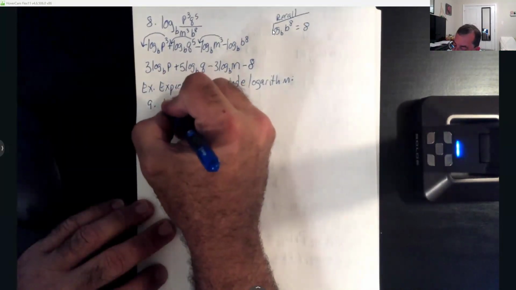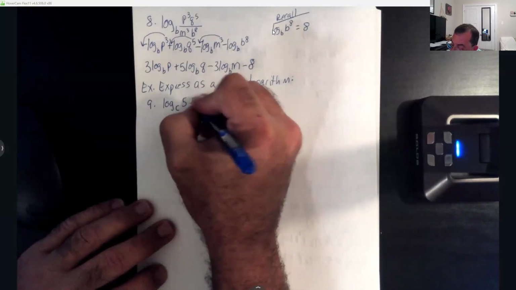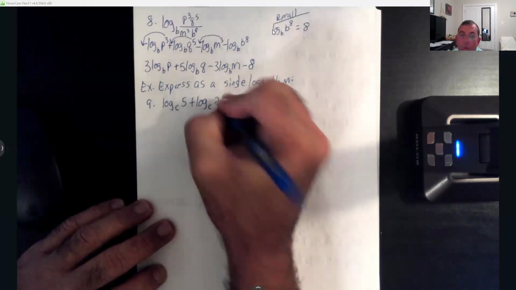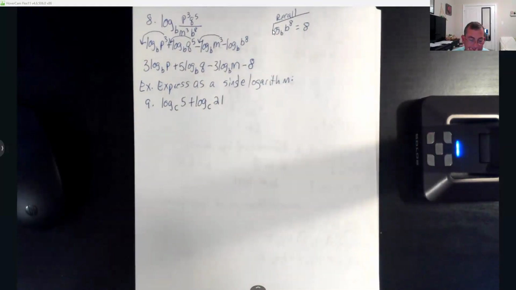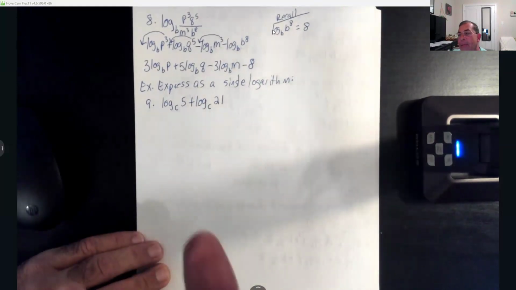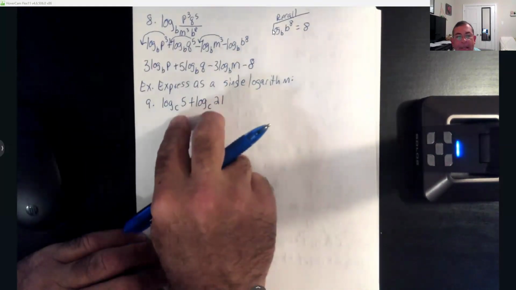So y'all, I got a log C of 5 plus a log C of 21. So if they're being added, we rewrite them as a product. Since the product is rewritten as a sum.